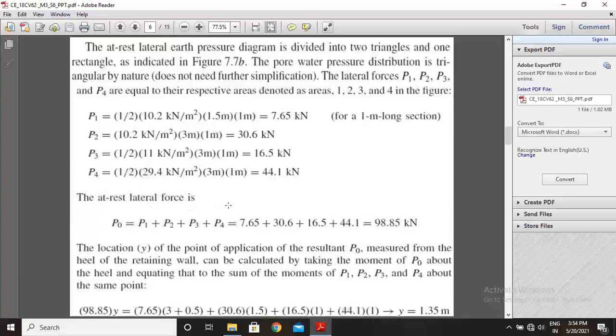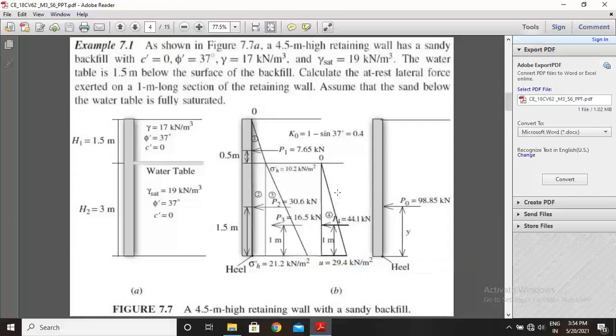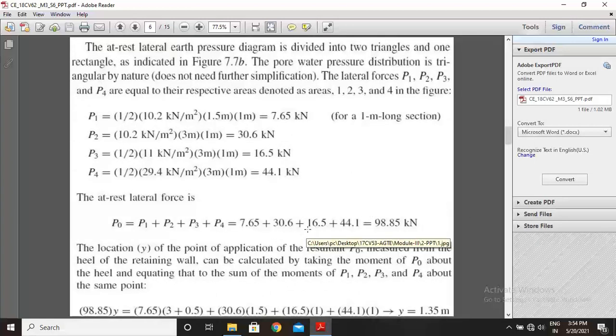The at rest lateral force, therefore P0 equal to P1 plus P2 plus P3 plus P4. So means you do the summation of the total. P0 is the total force acting, then you do this plus this plus this plus this. So same concept we have applied here. Now substitute the values, we are getting P0 is 98.85 kilonewtons.